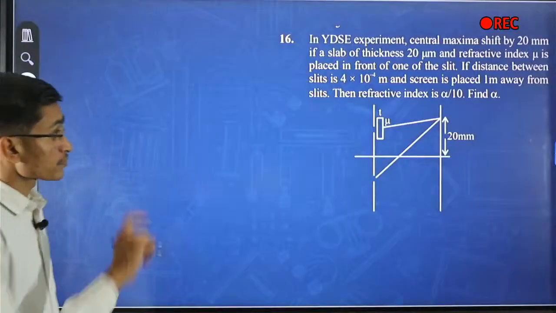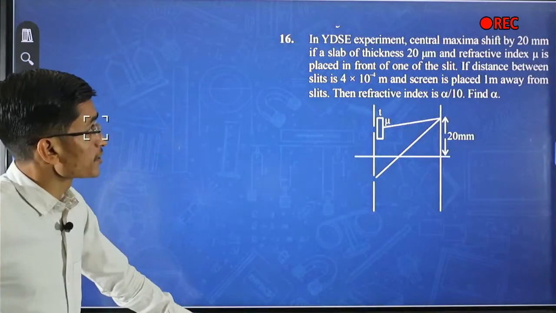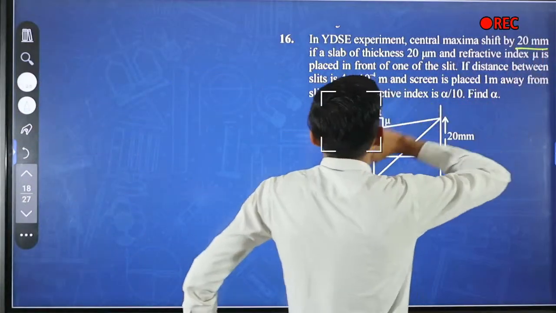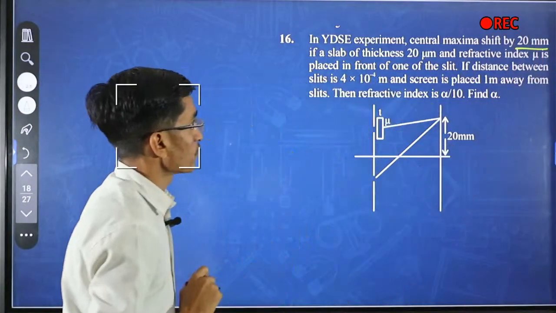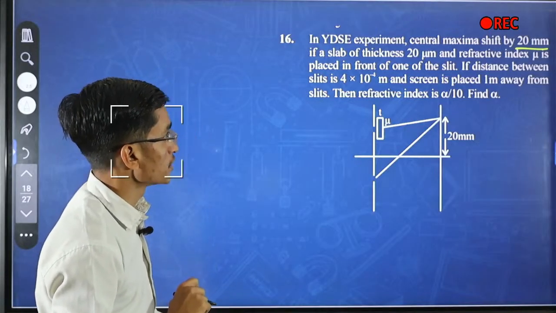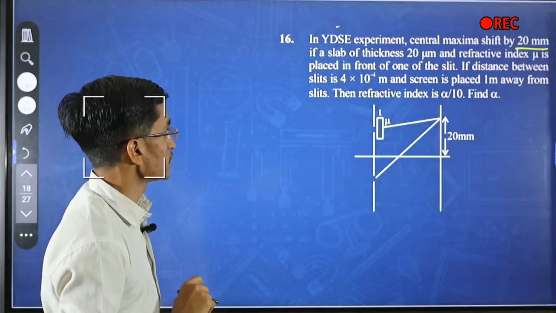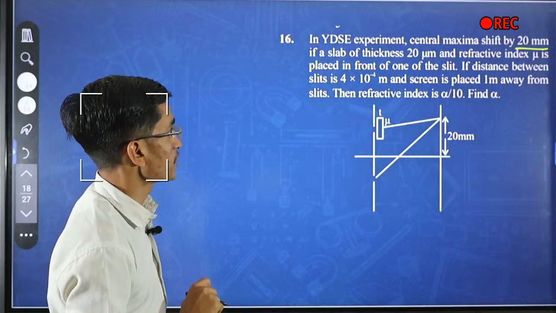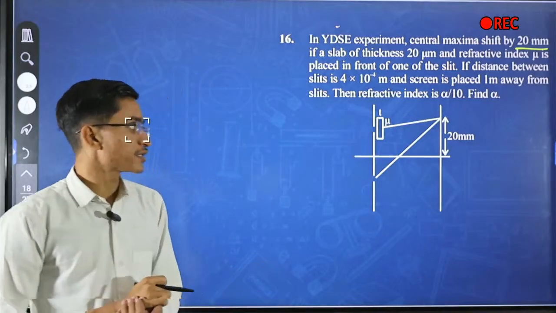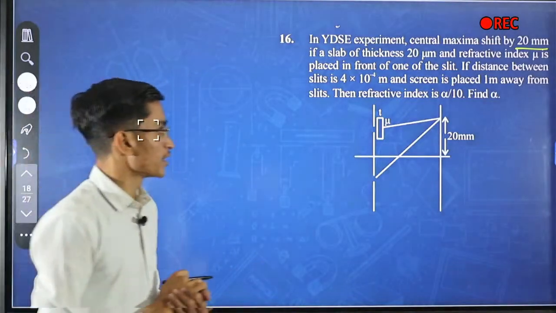Okay, next question. In YDSE, the central maxima shifts by 20 mm if a slab of thickness 20 micrometer and refractive index mu is placed in front of one of the slits. The distance between slits is 4 into 10 to the power minus 4 meter and the screen is placed 1 meter away from the slits. If the refractive index is alpha by 10, then find alpha.